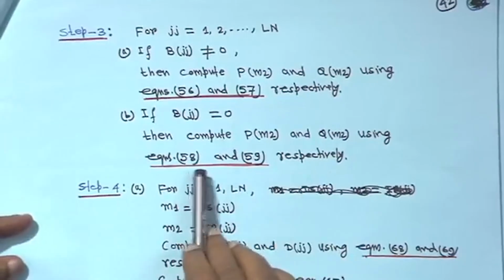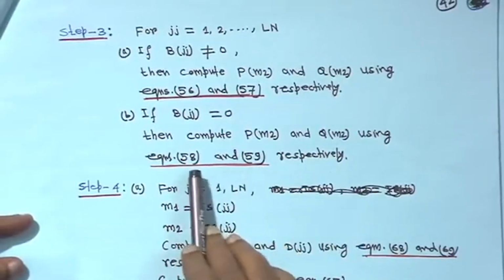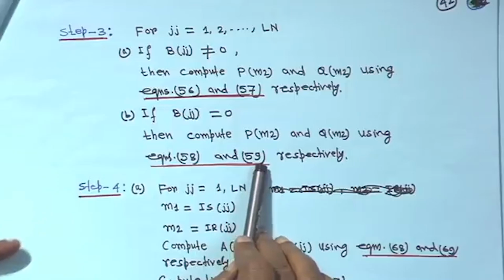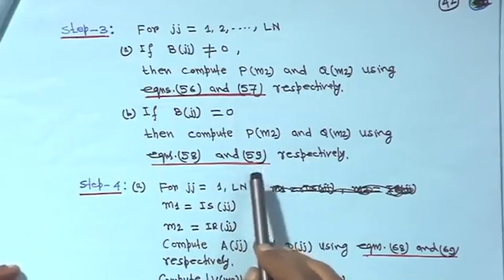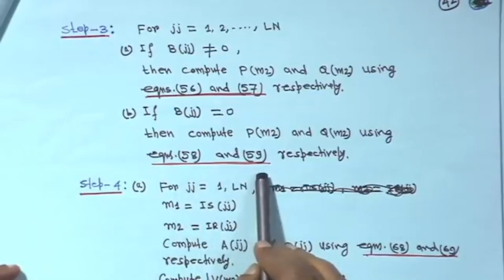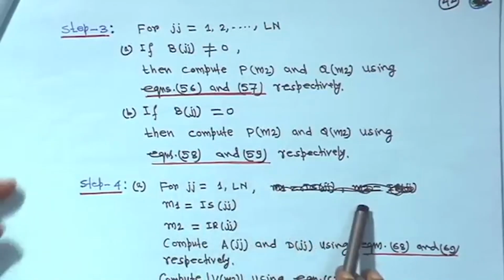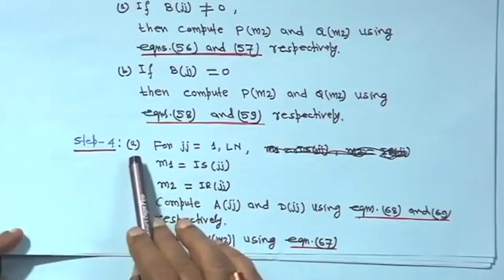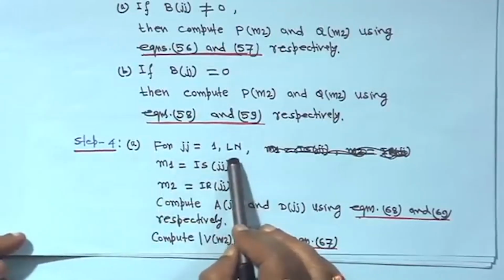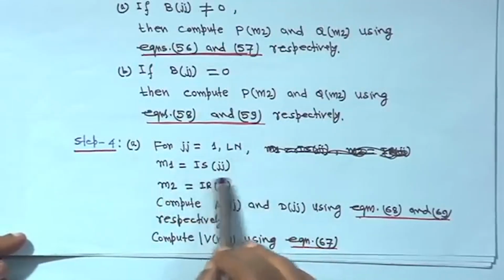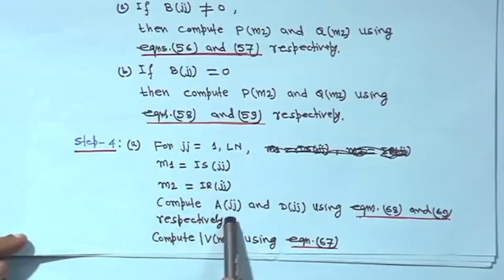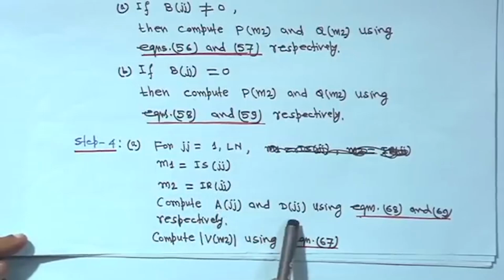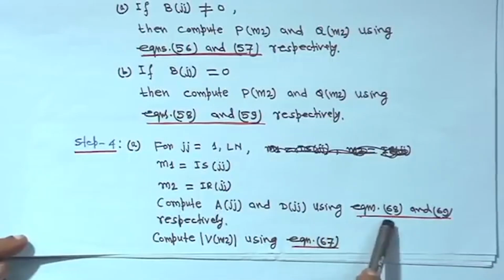Right. So there also I have shown 58 and 59. Basically it is a single term, but I have written it in sigma form, and later in the next step I have shown that basically these are single terms. First you make it, then step 4, A part: for JJ is equal to 1 to ln, M1 is equal to ISJJ, M2 is equal to IRJJ, you compute AJJ and DJJ, all these expressions are given using equations 68 and 69 respectively.